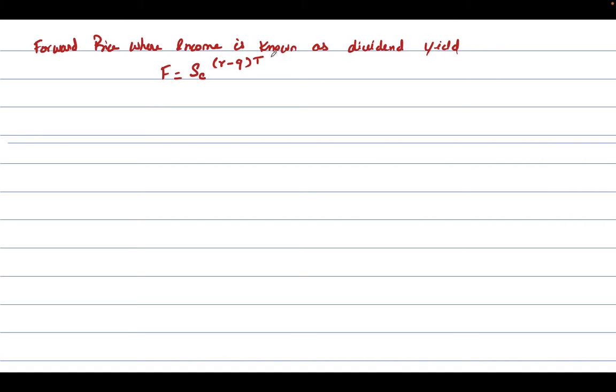So let us consider a 6 months forward contract on a security where 4 percentage per annum is given as continuous dividend.